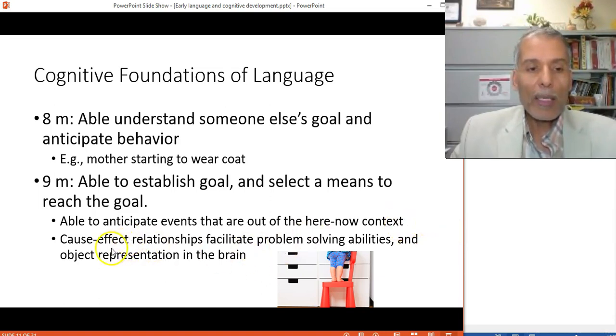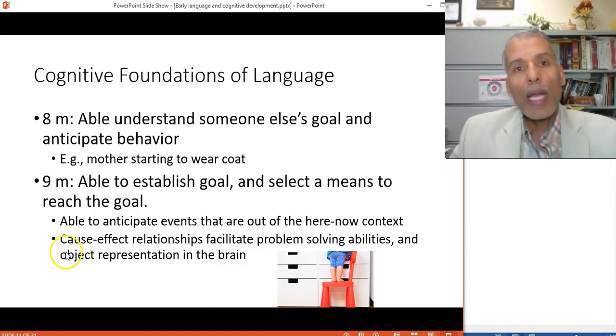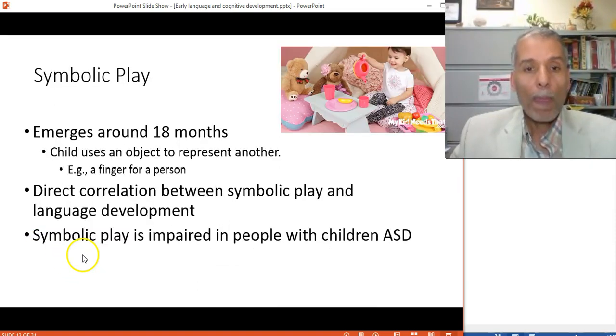So again, cause and effect enables the person to store objects in the brain, and because objects, especially if they are related to that cause and effect, that enables them to associate nouns with verbs.